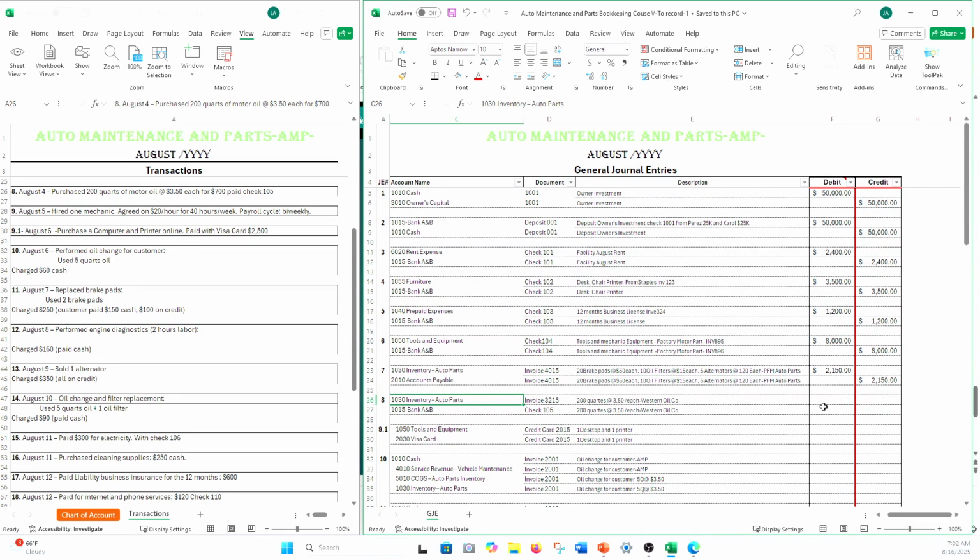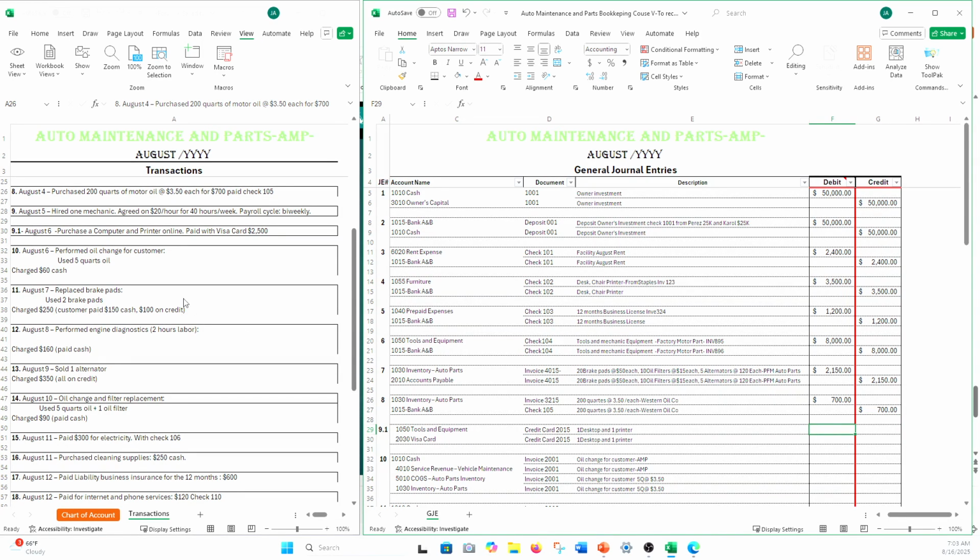So we say the inventory is going to increase by $700, and we pay with check 105. So that means we still continue reducing our balance in our bank, and remember the asset accounts increase with debit and decrease with credit. So we are going to decrease our bank balance by $700.